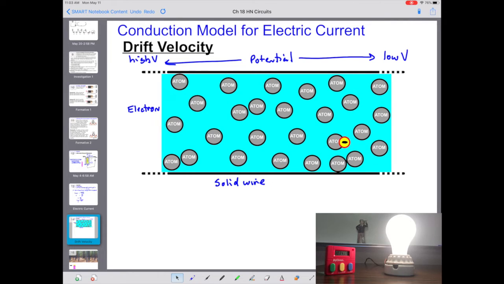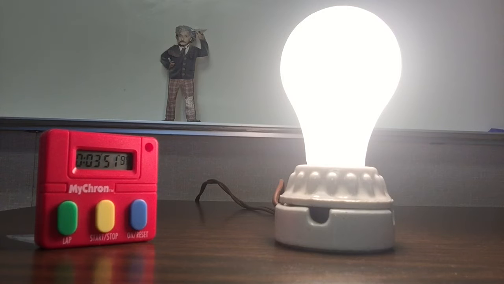And so on our light bulb, it takes those charges a very long period of time to move through that wire. So on our light bulb and timer, we are at just under 4 minutes, and still not a single electron from the outlet has made it to the filament of the light bulb.